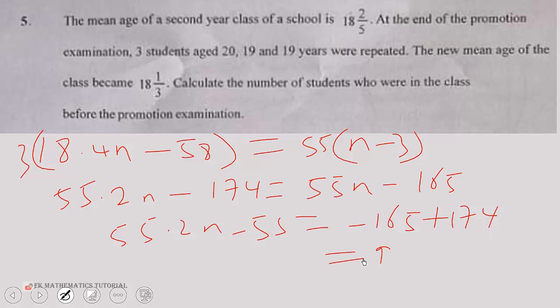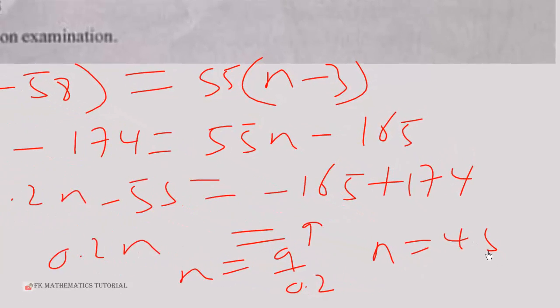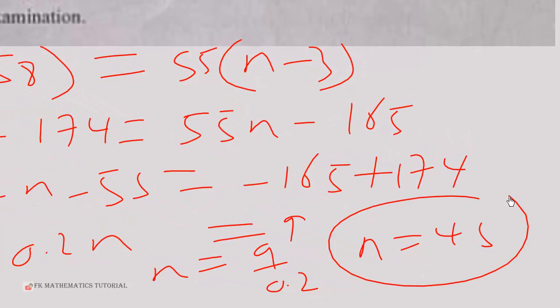So 0.2n is equal to 9. So n will be equal to 9 over 0.2, and 9 divided by 0.2 is equal to 45. So there were 45 students before the promotion exam.